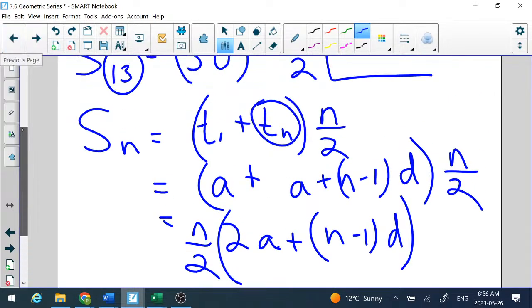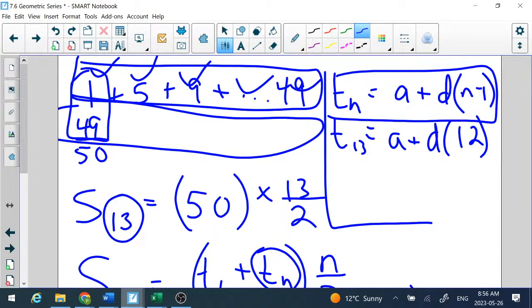Okay, there was not 2 lists, there was 1 list. But the trick is, if I take that same list and write it a second time backwards, 49, 45, 41, and I add all the numbers in both lists, I'm getting twice the number I'm looking for. Do you understand that?